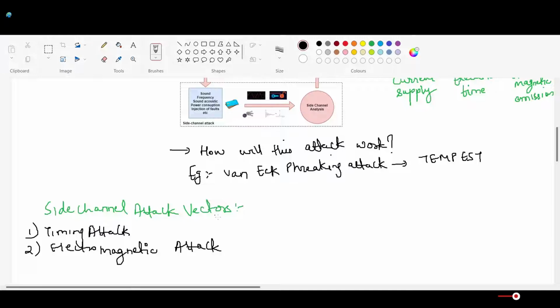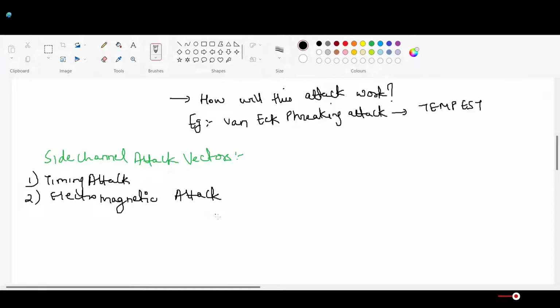Third is SPA, simple power analysis. Here we directly observe the power and electromagnetic variations of a cryptographic system during its operation.